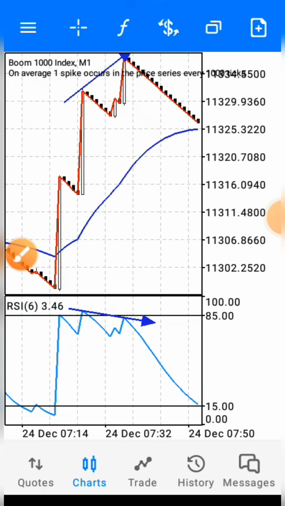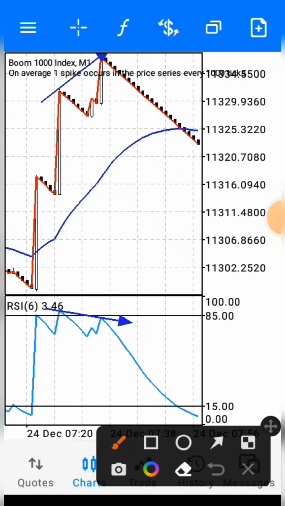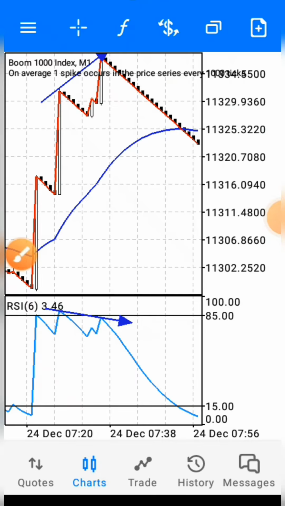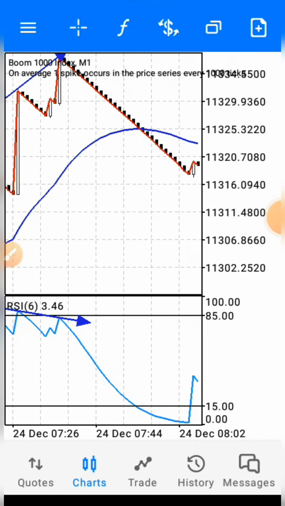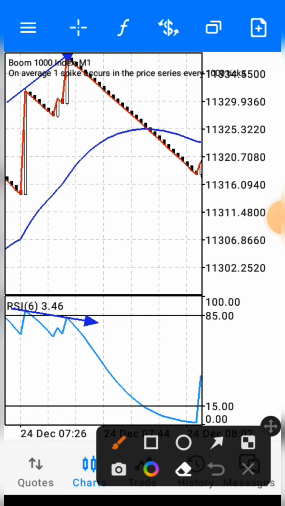Like when they disagree like this, it will not cross this blue line before it will still start spiking. So I can't say that whenever you see this you should immediately enter, because sometimes it will still continue spiking up and then you might go into losses. Okay, so the safe zone here is to wait for it to cross this blue line.